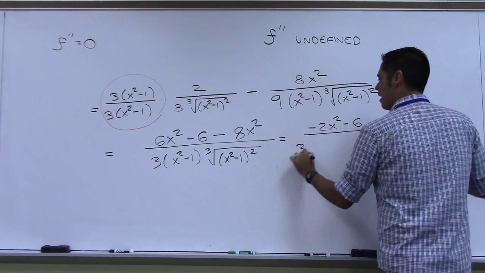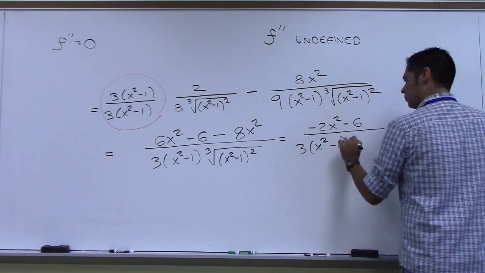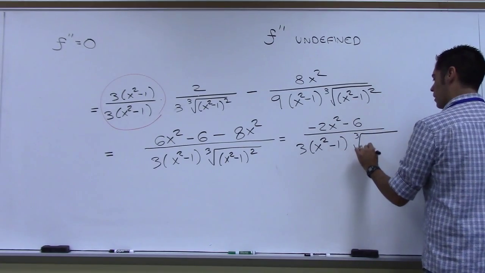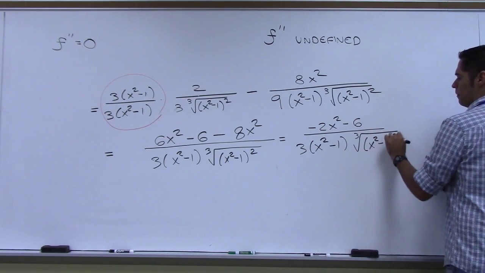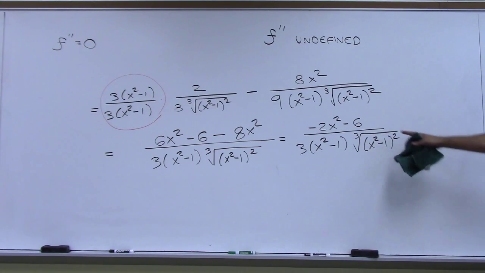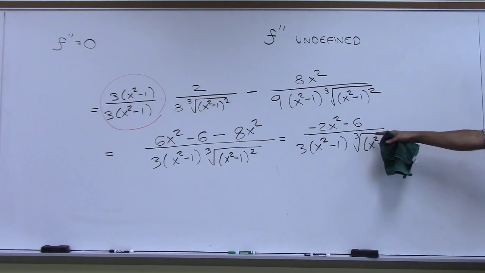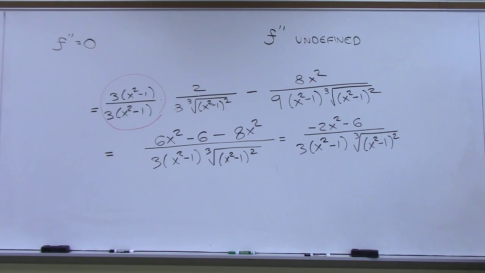We'll pull a negative 2 out in a little bit. All right, that's a lot easier to work with, don't you think? Yes, that's going to be a little easier.